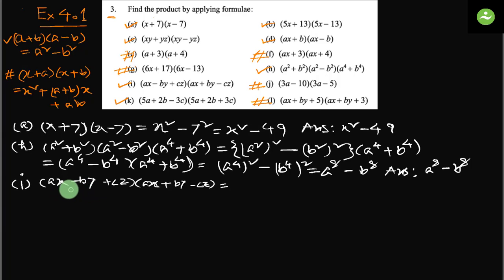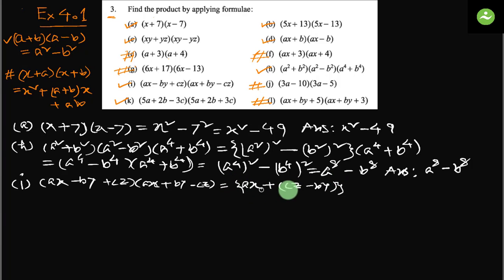Okay, ax plus cz minus by. ax plus cz minus by, and put a second bracket here.